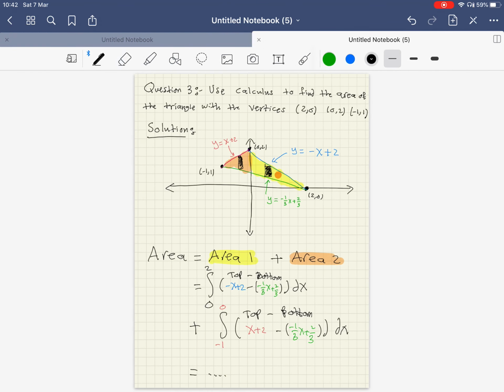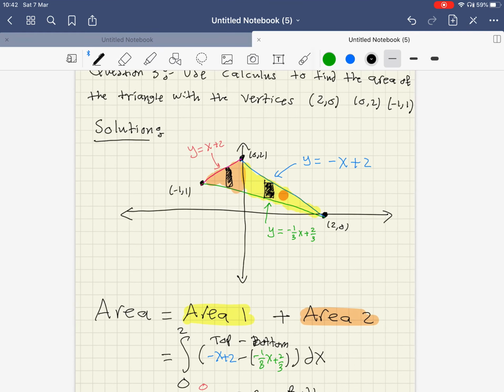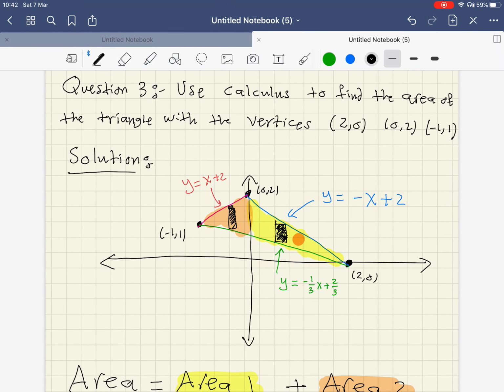Let me go and recall what we did in this exercise in 30 seconds. The question was to find the area of the triangle with 3 vertices. The first step, I sketched the 3 vertices and I sketched the triangle. And then I needed to find every side of the triangle. I needed to find the equation y equals something, or sometimes it could be x equals something.